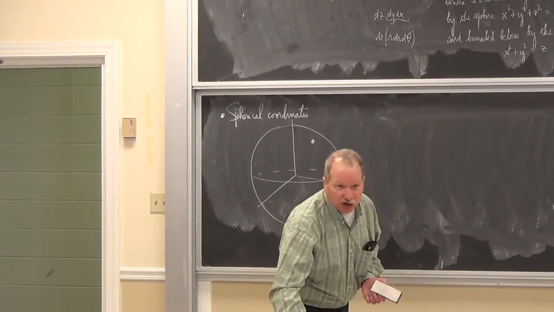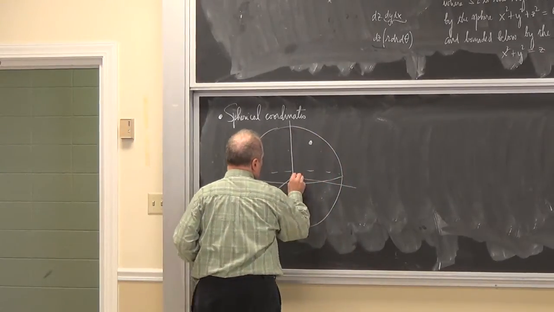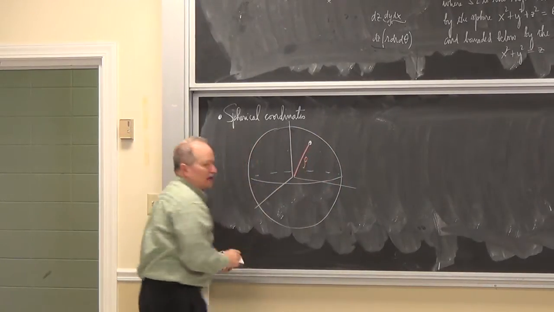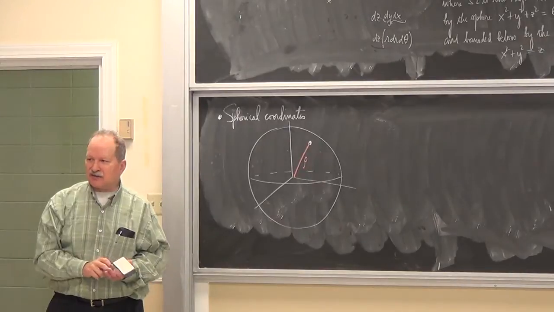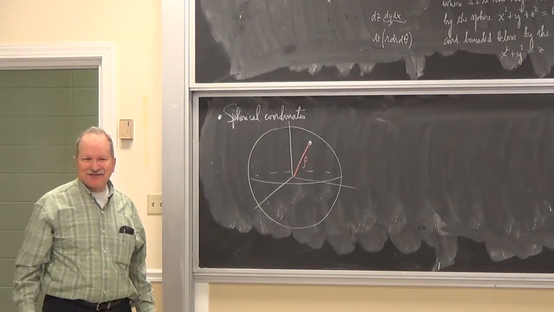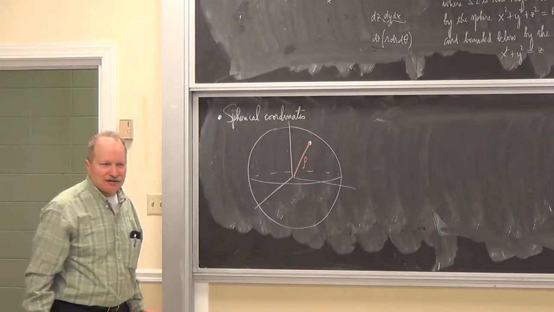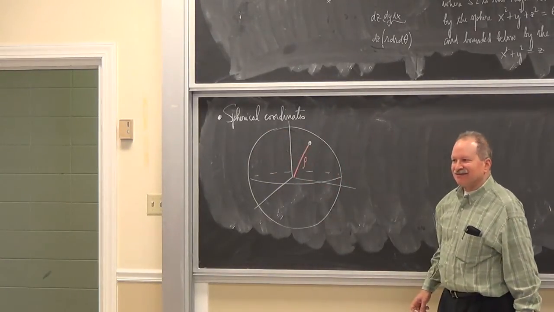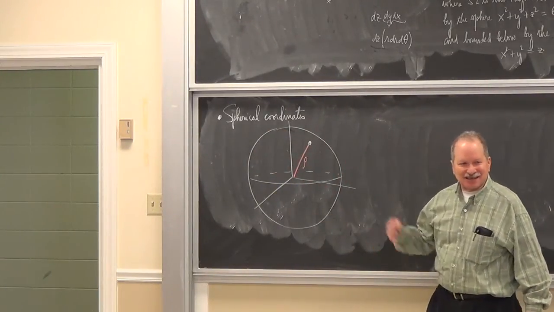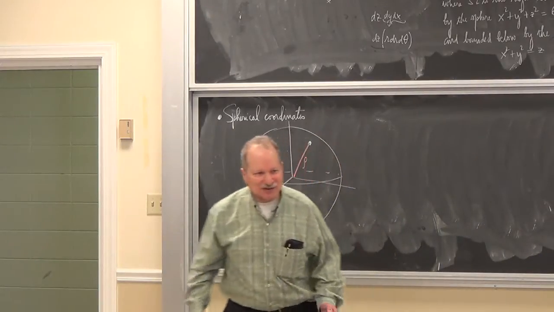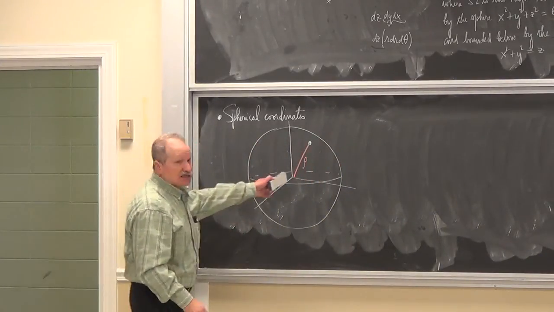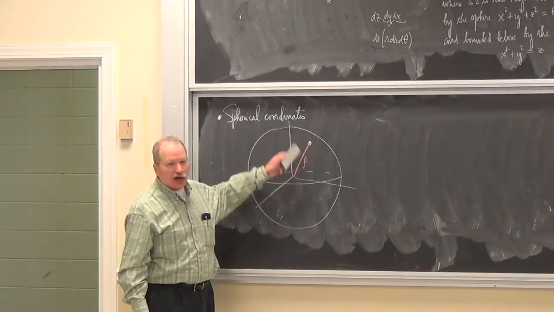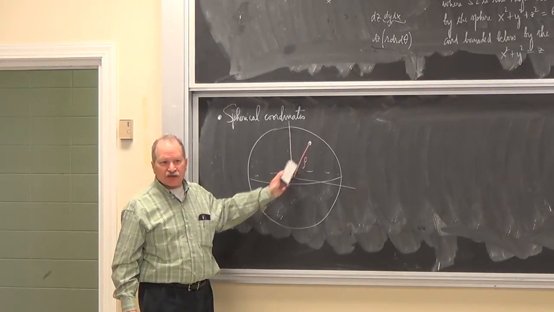So that's going to be one of my coordinates in 3 dimensions. We'll call that rho. Physics books call it r, just to confuse you. Who's right? I'm right. Physicists don't like rho because they want that to be density. I'm going to use delta for density because I'm already using rho the way math people use it. So rho is the distance, the 3-dimensional analog of r in 2 dimensions. It's the distance from the origin.